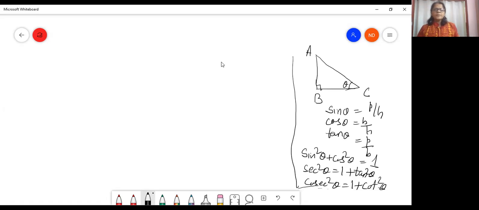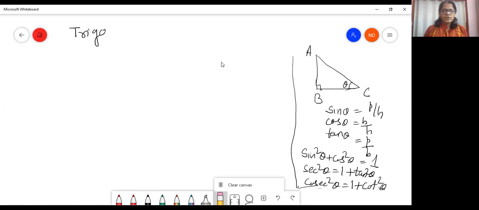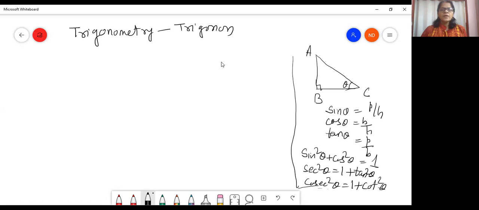Now, whenever we introduce trigonometry: trigonometry is a combination of two Greek words, trigonon and metron.